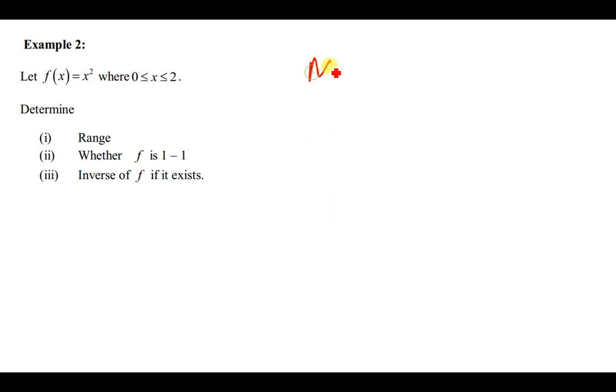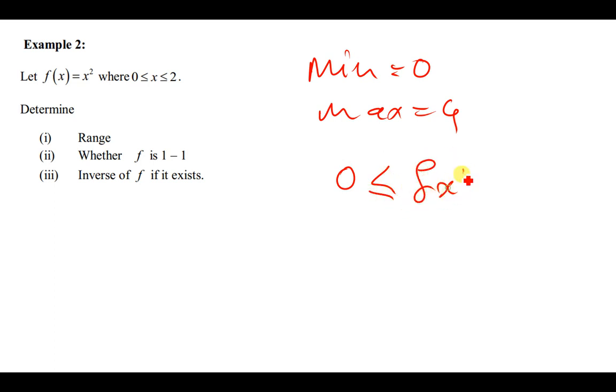We know that the minimum we found was 0, then the maximum was 4. So the range is 0 less or equal to f of x less or equal to 4. So f of x ranges from 0 to 4. So this is the range.